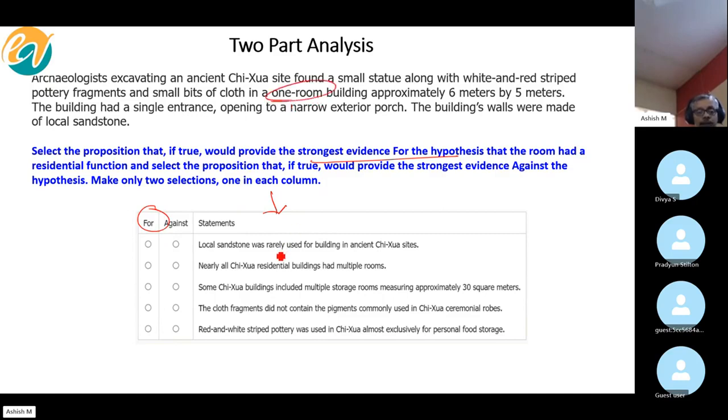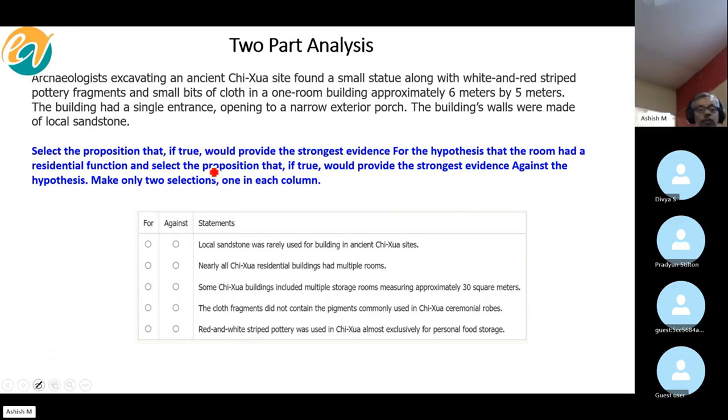That the room had a residential function, and select the proposition that, if true, would provide the strongest evidence against the hypothesis. What hypothesis are we talking about? That the room had a residential function. So, this is another thing. Make only two selections, one for each column. So I think it should be evident that you cannot say these two are correct. No, there will only be one correct option here. There will only be one correct option here.